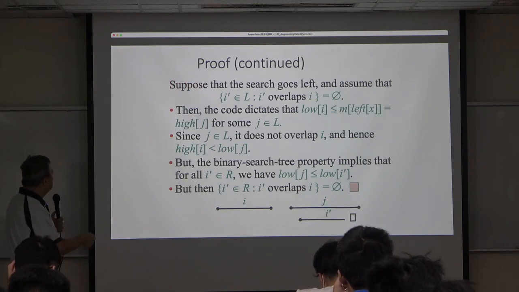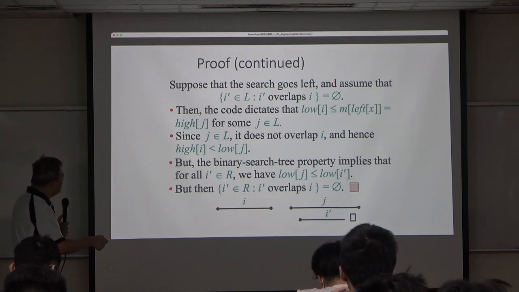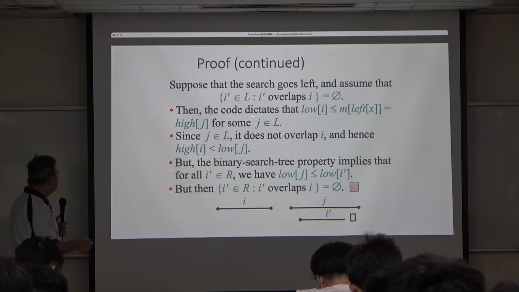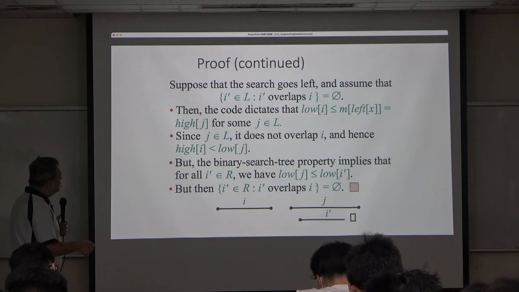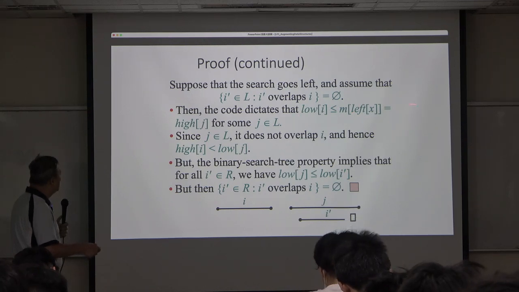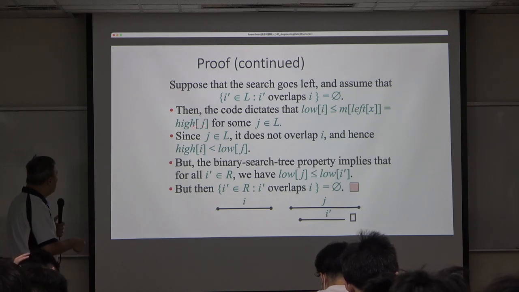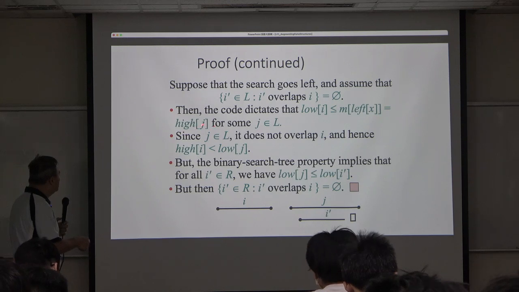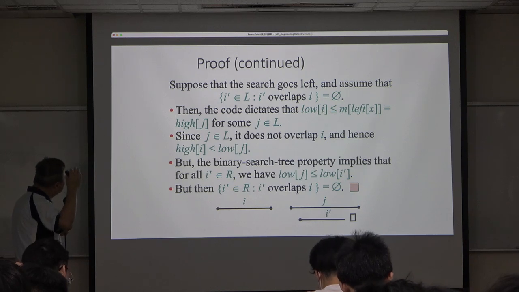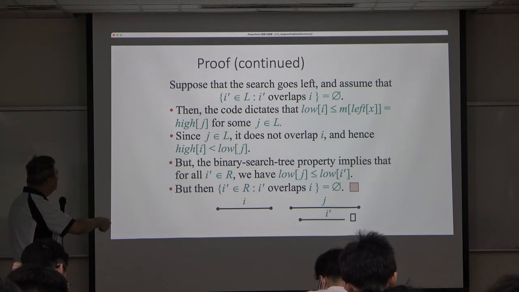On the other hand, if we go left, then we know the low[I] is smaller or equal to max[left[X]], which is the high[J], the highest right endpoint for some node in the left subtree.